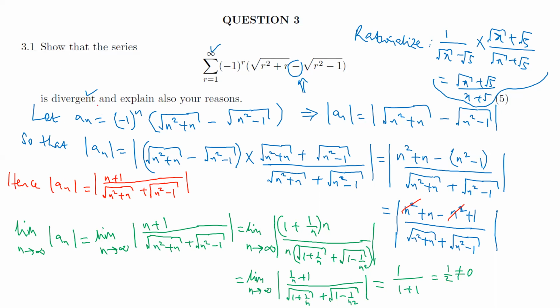Now since the limit as n approaches infinity of the absolute value of an is not 0, this limit is not 0. The implication is therefore that the limit of an as n approaches infinity itself is not 0.